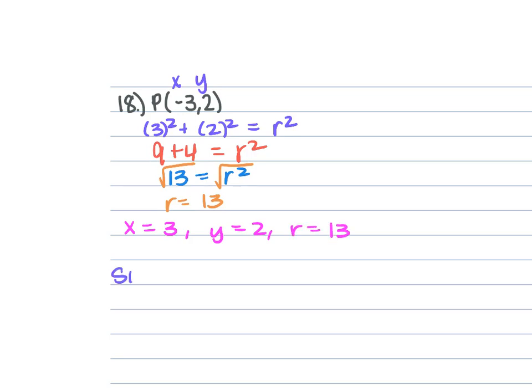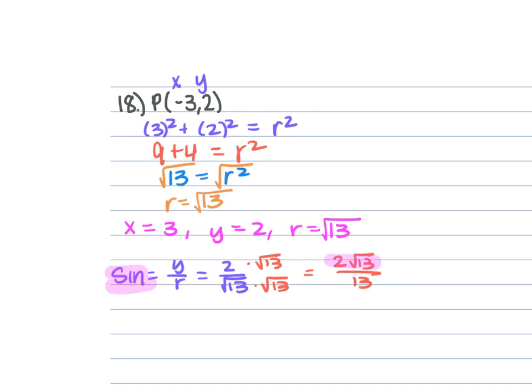Our sine is y over r, which is going to be 2 over the square root of 13. We have to rationalize that denominator. So this is going to give us 2 square root 13 over 13.